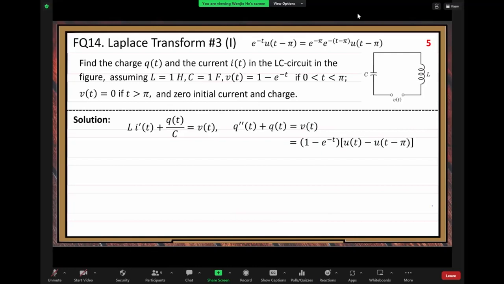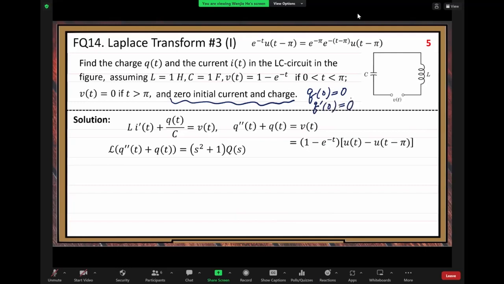Then the left-hand side Laplace transform is very simple, because of 0 initial current and charge: Q of 0 equals 0, and current is Q prime, so Q prime of 0 equals 0.